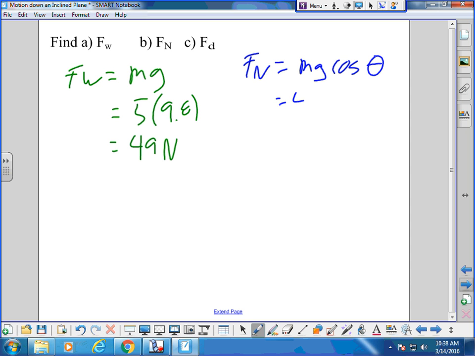So it's going to be 49 cos 30, which is 42.4. Normal force 42.4. Again, what direction is that?